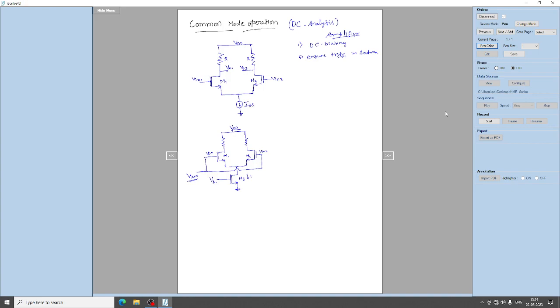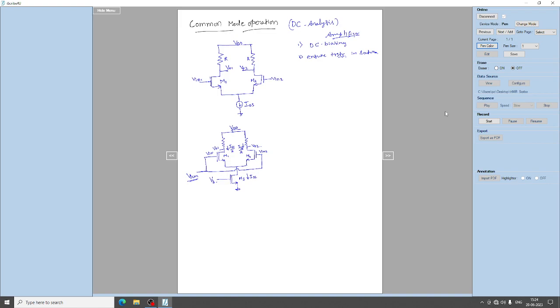The same current ISS will be flowing through this, and this ISS is divided across the two branches, which is ISS by 2, right? And this is your VO1 and VO2.